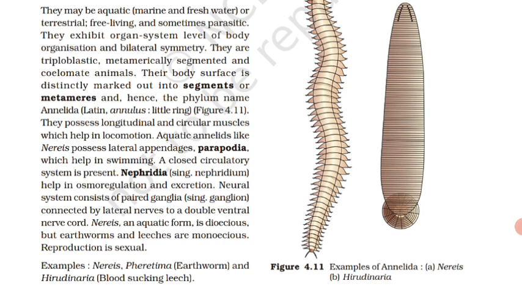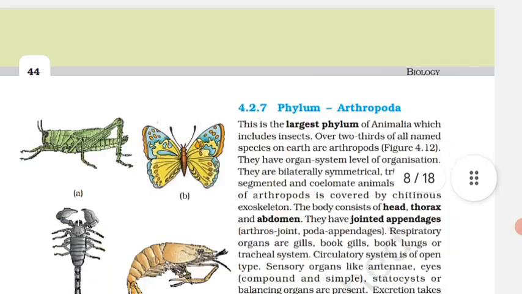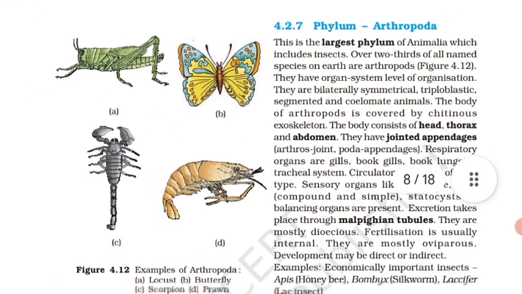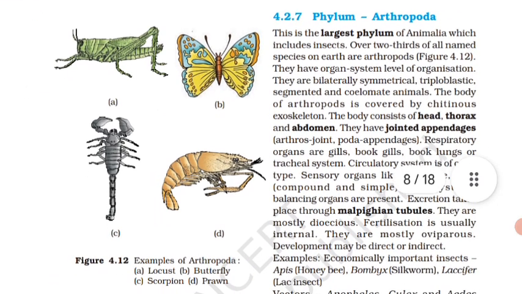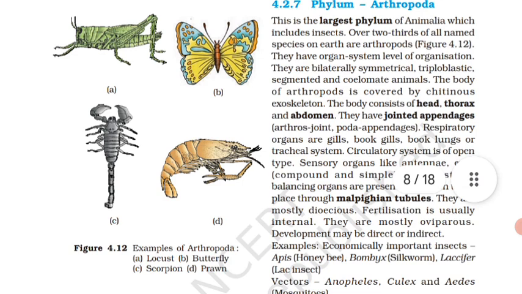The anterior head region has sensory tentacles. The mouth contains a file-like rasping organ for feeding called radula. They are usually dioecious and oviparous with indirect development.